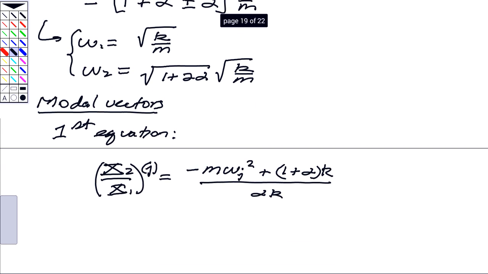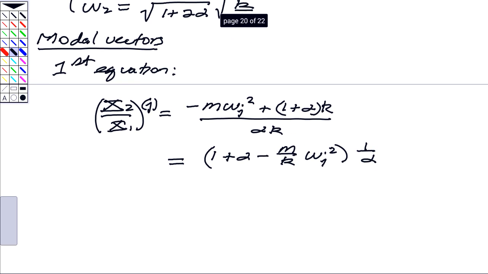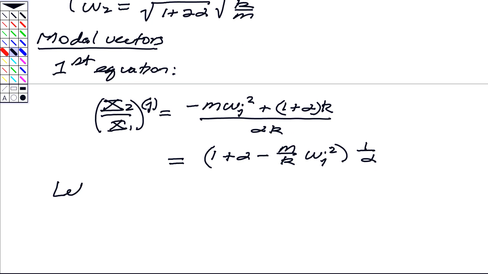So if I simplify this just a bit, I end up with 1 plus alpha minus m over k omega j squared times 1 over alpha. So I will let the first position be a 1, just like we have done in all of our examples.